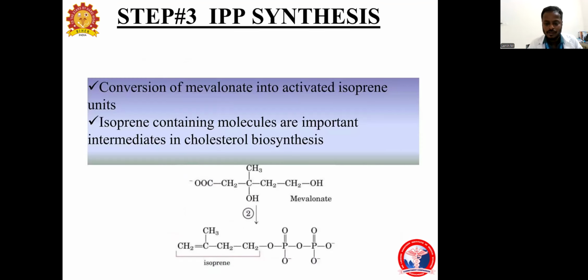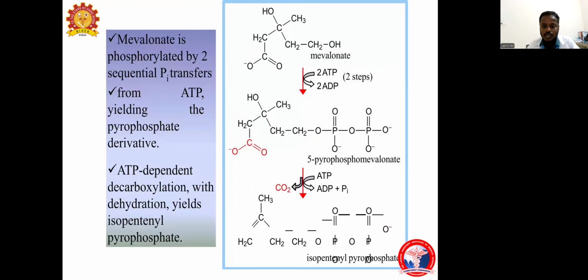And in the third reaction, mevalonate will be formed. One more important component is isopentenyl, the isoprenyl ring, which will be formed. These isoprenyl containing molecules are important intermediates in cholesterol biosynthesis. Mevalonate is converted to 5-pyrophosphate mevalonate, and from the 5-pyrophosphate mevalonate it is converted to isopentenyl pyrophosphate.